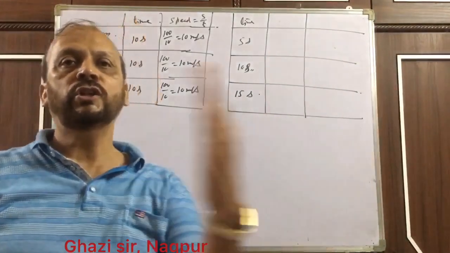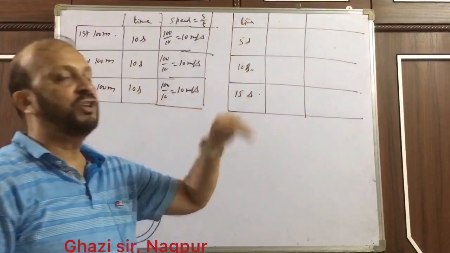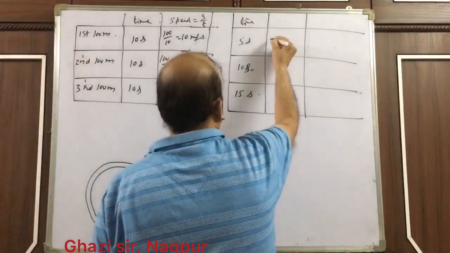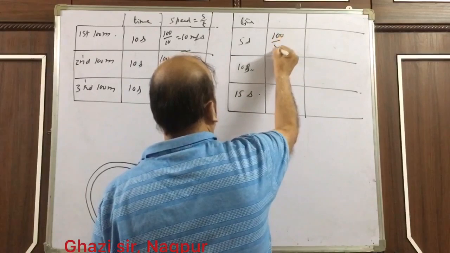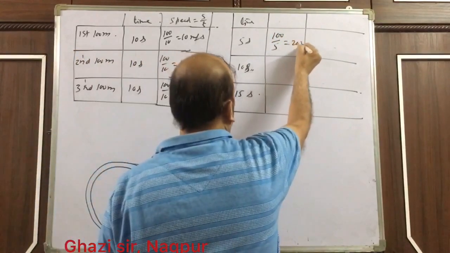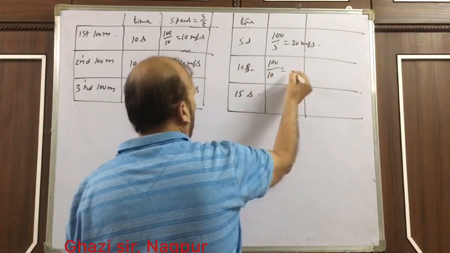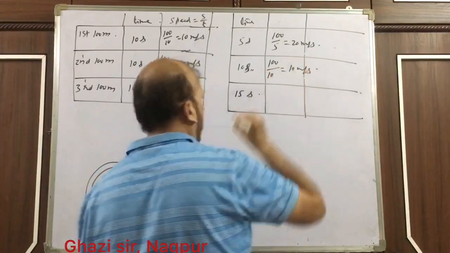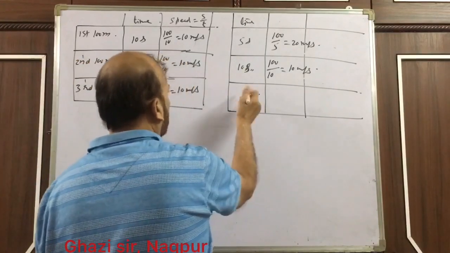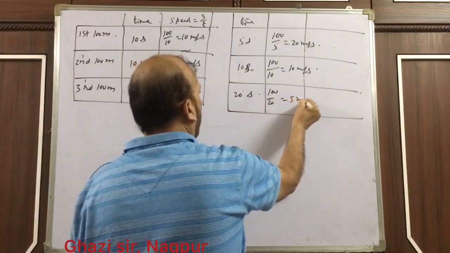So he is changing the time. Since time is changing, therefore speed will change. So speed v is equal to s by t. So first distance will be 100 upon 5. So 100 upon 5 would be 20 meter per second. Second 100 upon 10, that is equal to 10 meter per second. And third 100 upon 20, that is 5 meter per second.